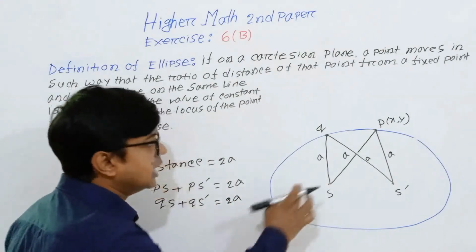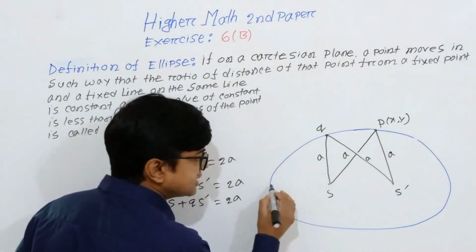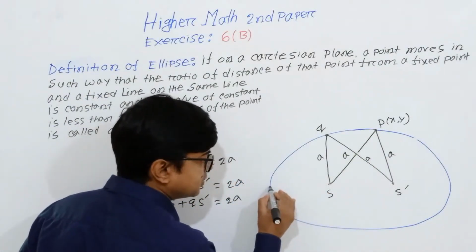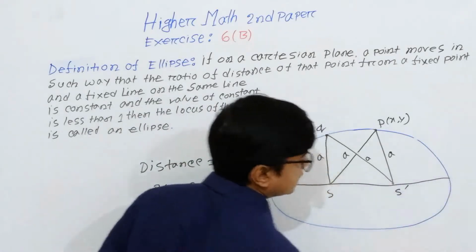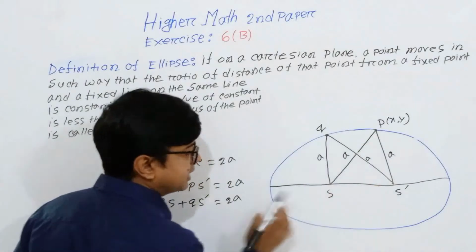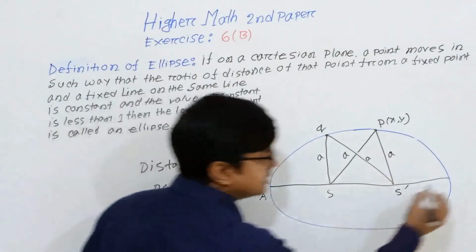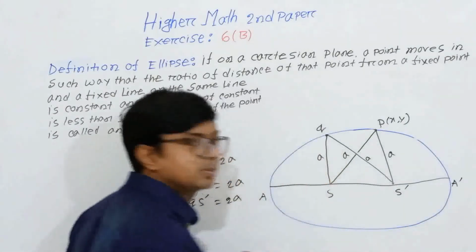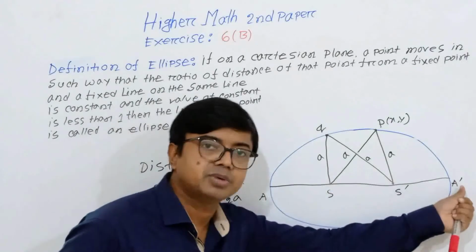Now after this part, here we can consider this line segment from this point, this point and this point. Suppose this part is vertex A and this part is vertex A prime. These 2 points are known as vertex A and A prime.